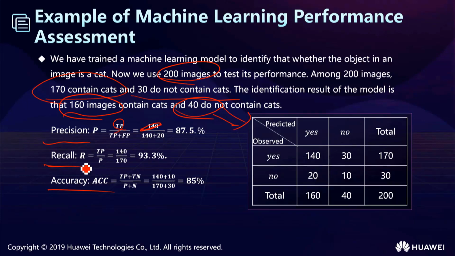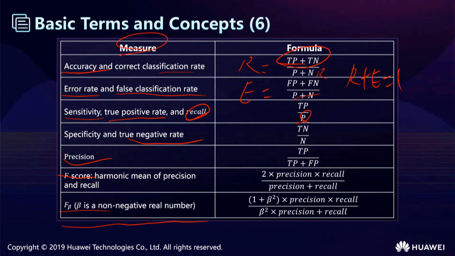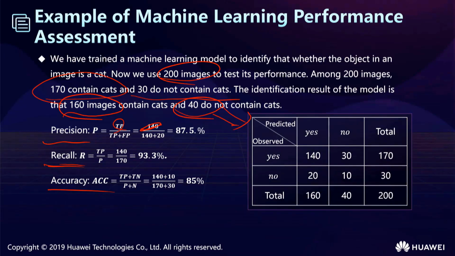We should know the meaning of recall: it is the true positive rate. And what does accuracy mean? We use the whole set of examples to display the overall results.